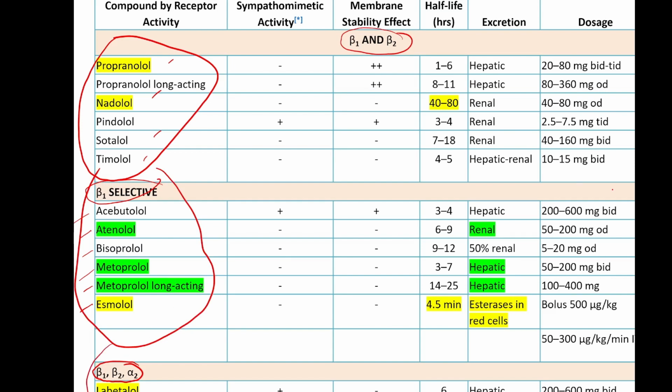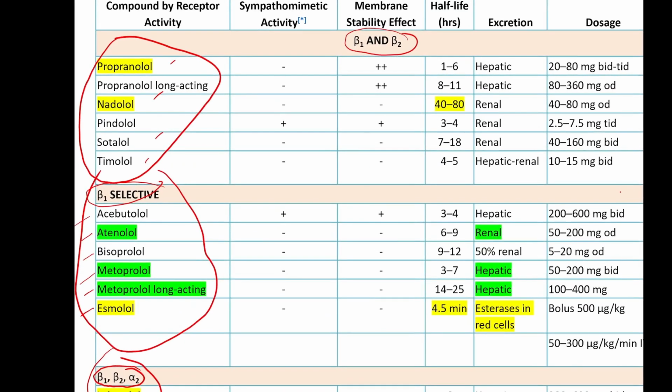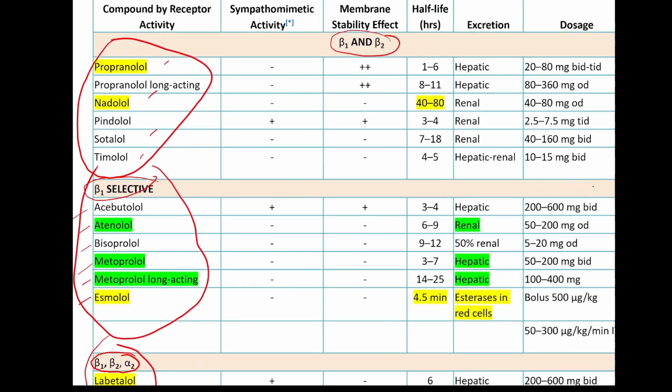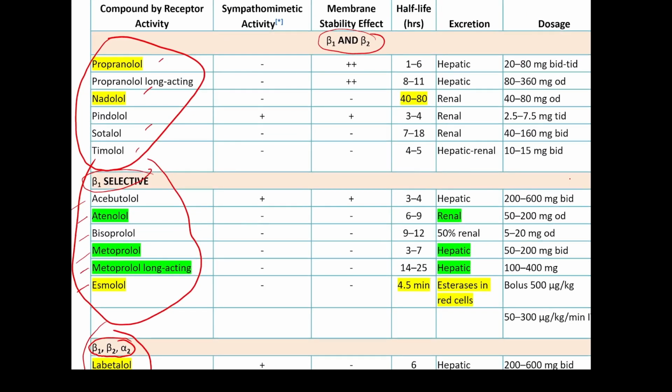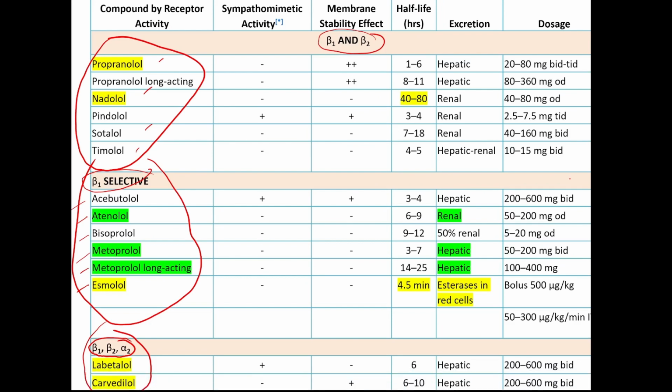Another group blocks beta 1, beta 2, and alpha 1: labetalol and carvedilol.